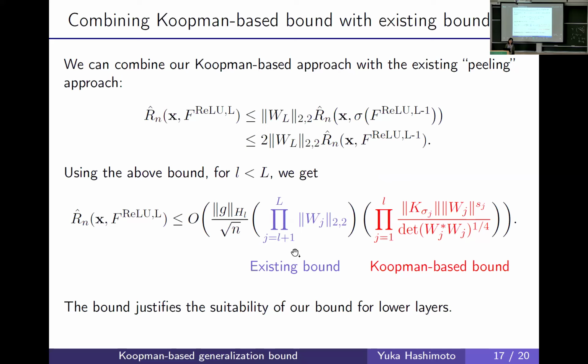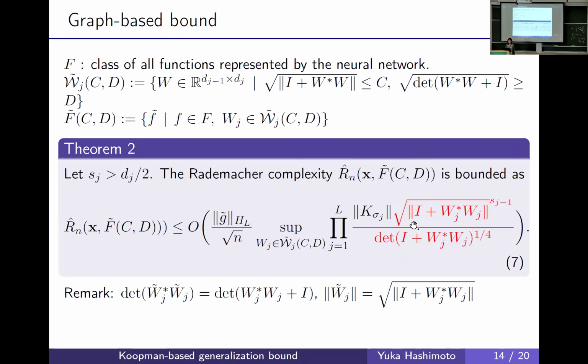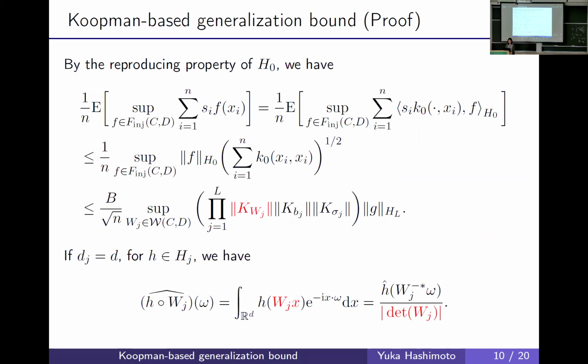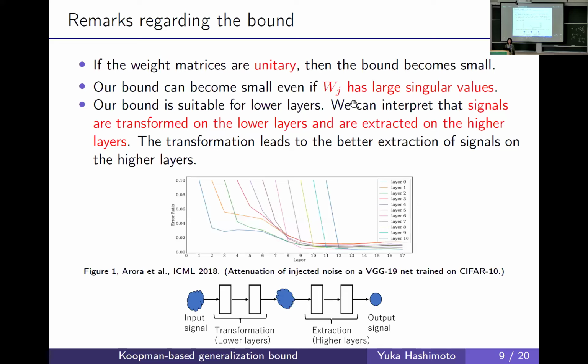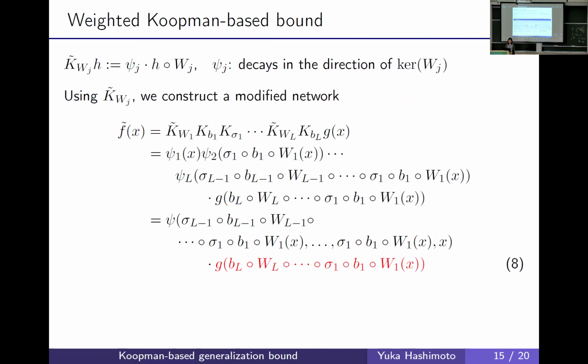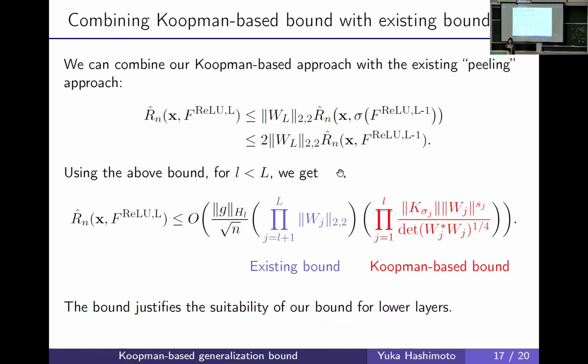We skip the proof, but technically we can apply our Koopman operator bound to the lower layers. So it justifies the interpretation I explained here: our bound is suitable for the lower layers.